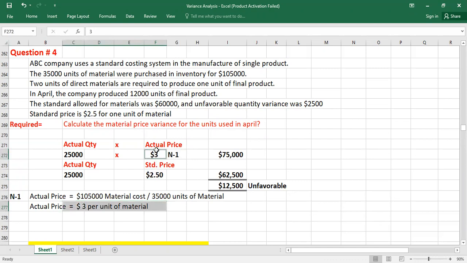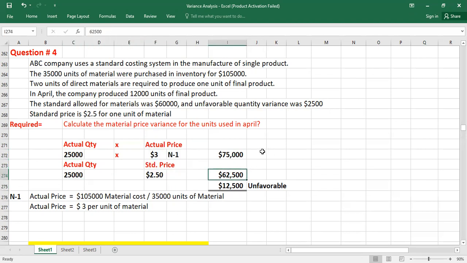So we have an actual price of $3 and a standard price of 2.5, and the actual quantity we just found in question number 3 is 25,000. If you multiply actual quantity with the actual price, you get 75,000. If you multiply actual quantity with the standard price, you get 62,500.